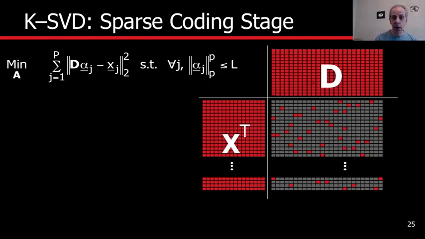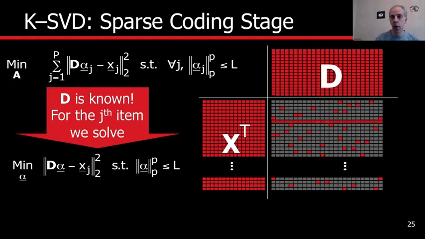So given the dictionary, we do the sparse coding. We're going to go in this direction. For every signal, we get the sparse code. Okay? So we go in that direction. This is just one example. And for every signal, we have to solve a sparse coding problem for that signal and absolutely nothing else.